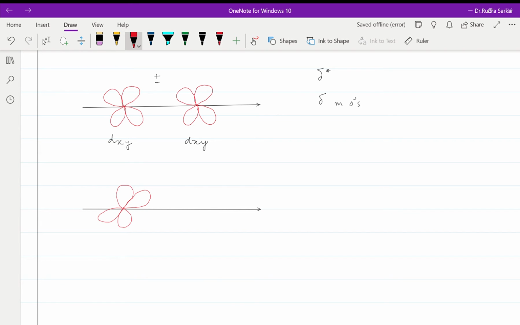And this is something that will be lying along the axis. So if this is your z axis, just think this will be your x axis and that is your y axis. So that is how we have kept our three coordinate axes. And here if you check on the top one, the lobes are basically lying in between the axis. So this is your x and this is your y, and that is why it is called dxy.